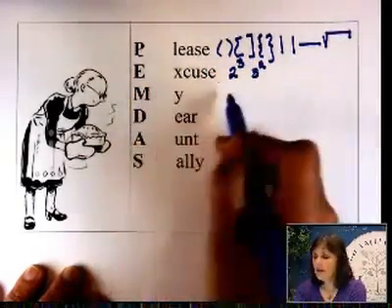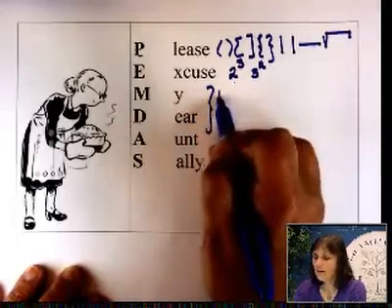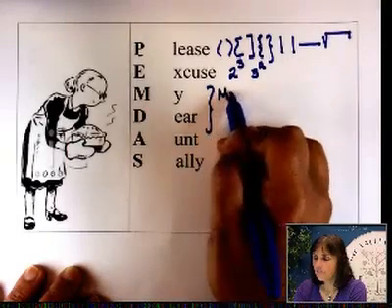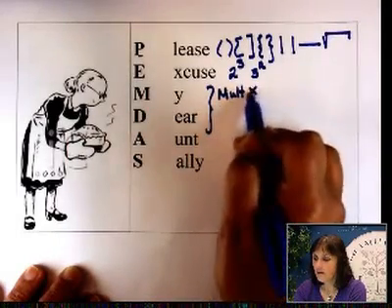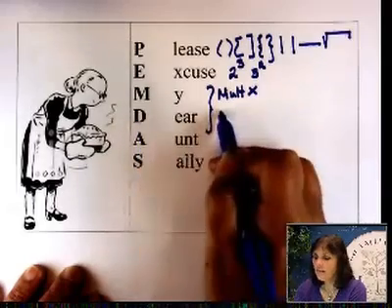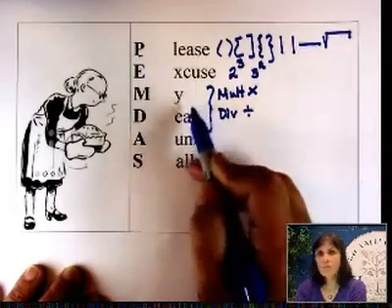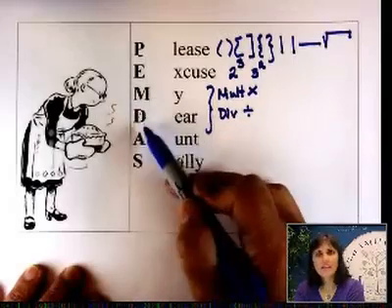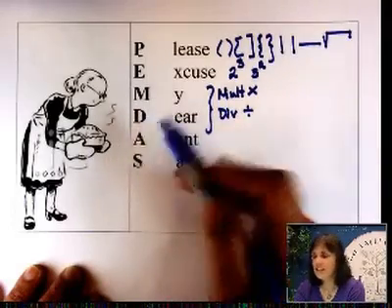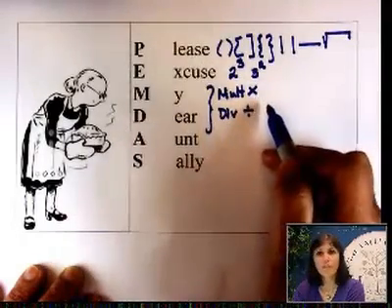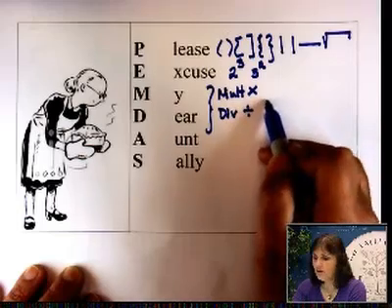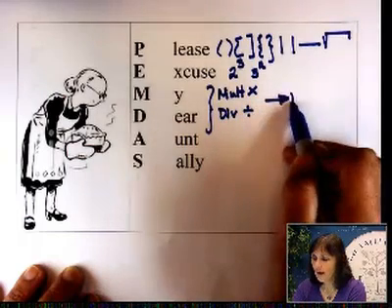My, M stands for multiplication. D stands for division. But guess what? M does not take precedence over D. Actually, when you see multiplication and division together, you do them from left to right.